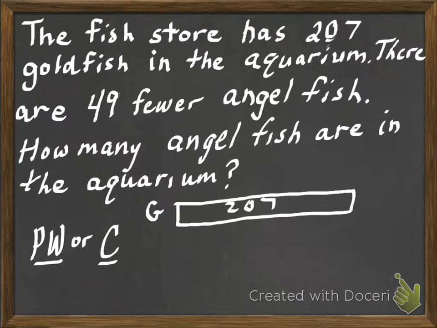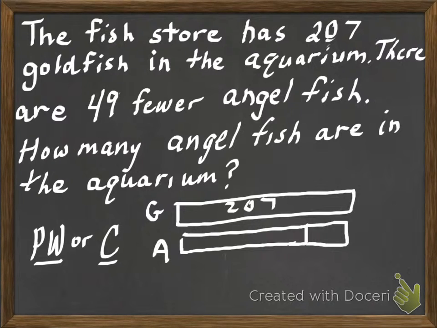The next bit of information I have is that there were 49 fewer angelfish, which means the bar should not be as long as the goldfish bar. In fact, it should be 49 fewer. So you could put a minus 49 in that bar. Now again, we're not going to take time to solve the problem. We're going to move right on to the next problem.